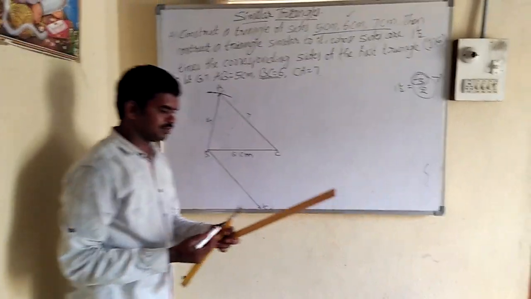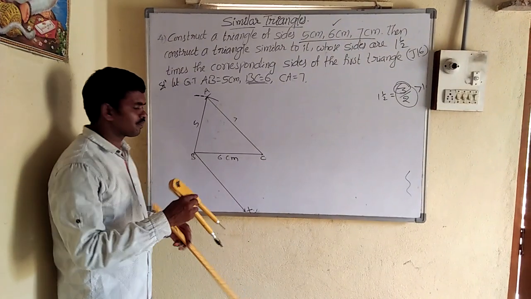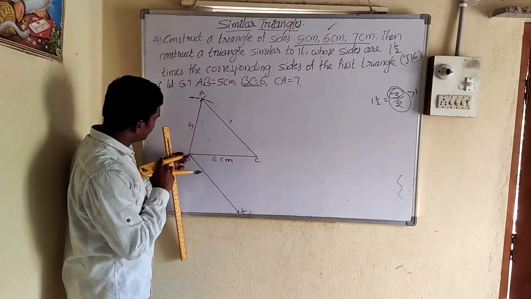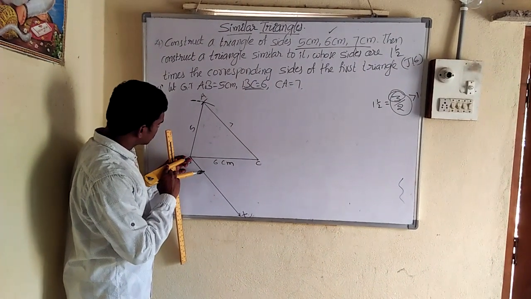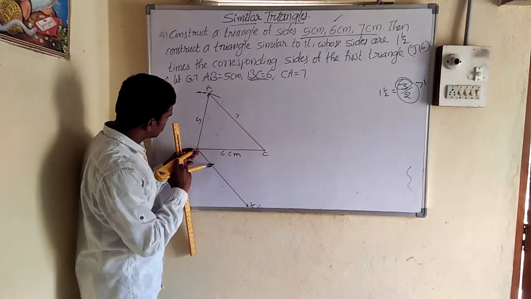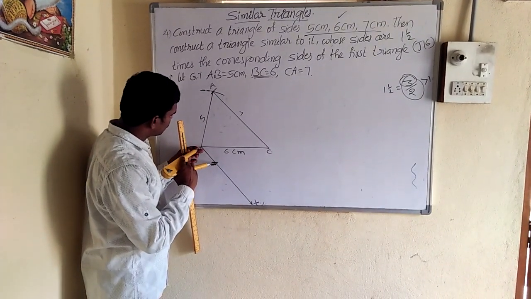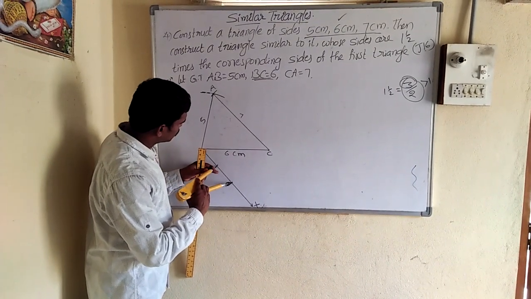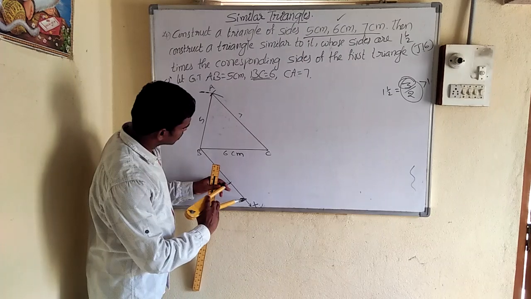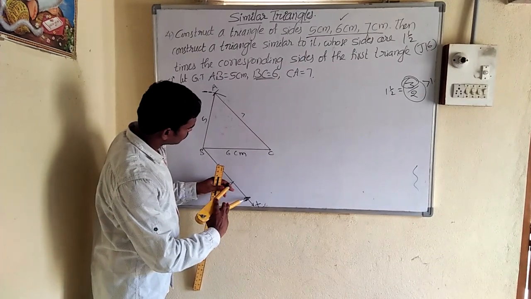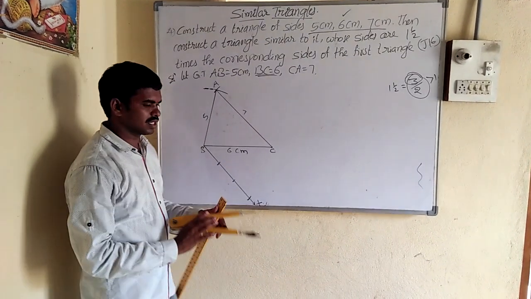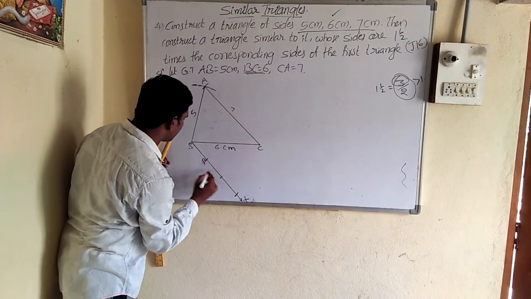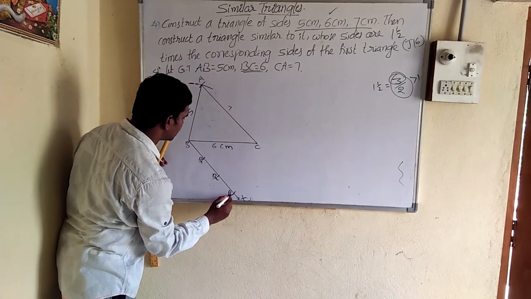So that's why, next, on BX, I'm drawing a few arcs. 1, 2, 3. So now these are taken as B1, B2, B3.